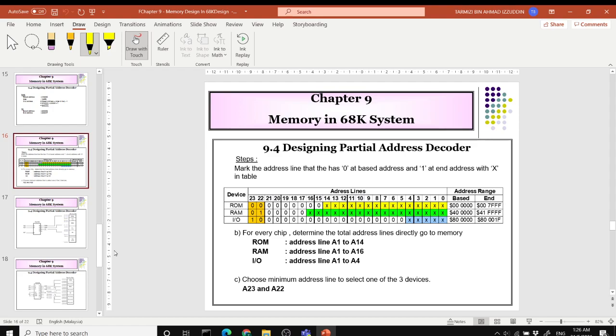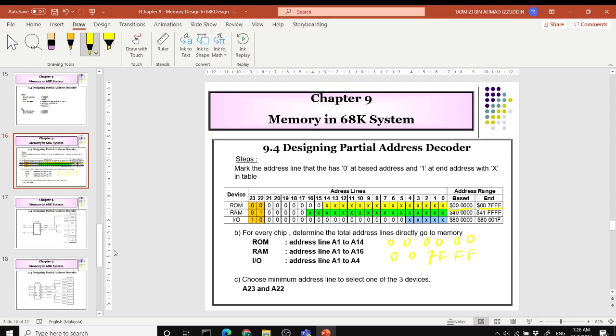So for example, in the first case here, for your ROM, we have determined that the base address is 000000 up to 007FFF.